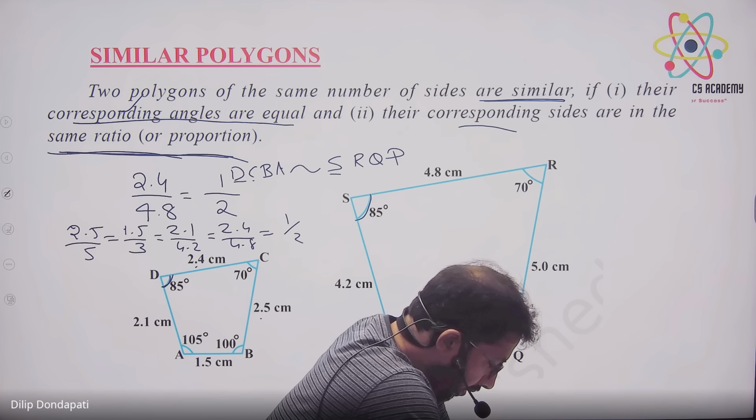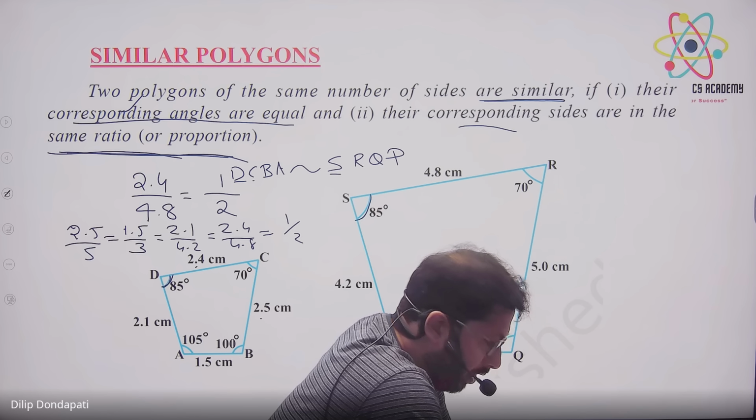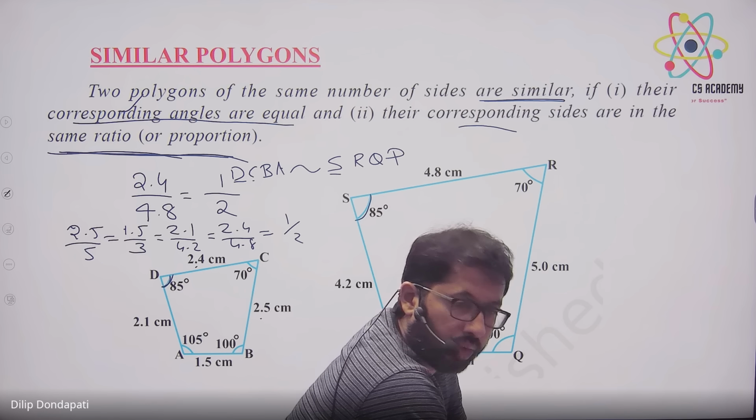Next, give two examples of a pair of similar figures. So you can draw any two diagrams which are similar figures, and two examples of non-similar figures.